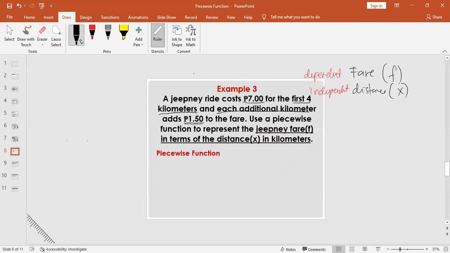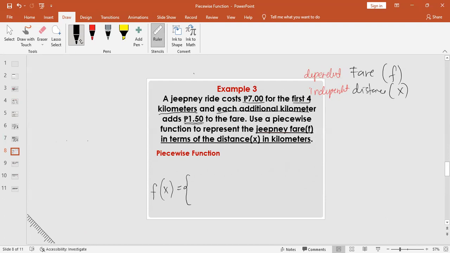Okay, so we can now start constructing the piecewise function. So how are we going to write that? F, or the jeepney fare, as a function of the distance. Okay, equals. How many subfunctions do you think does this problem have? How many conditions are there?